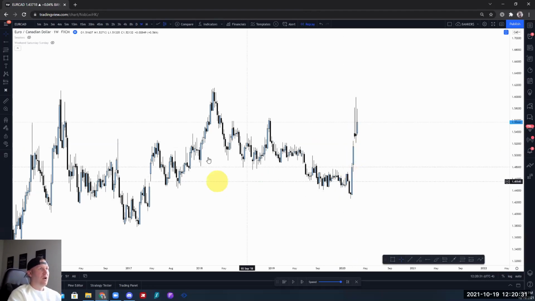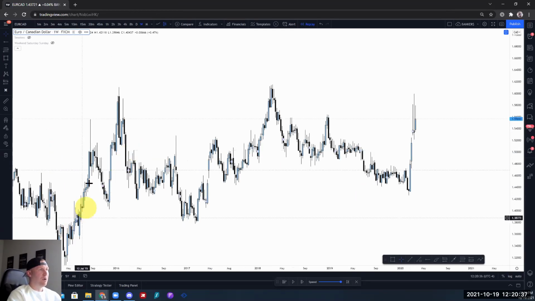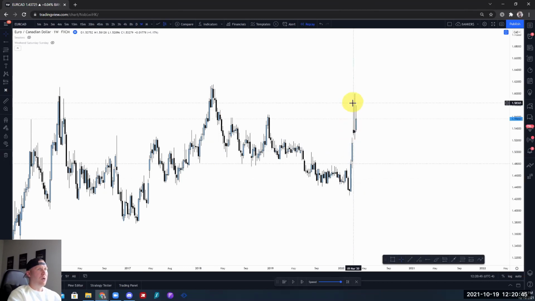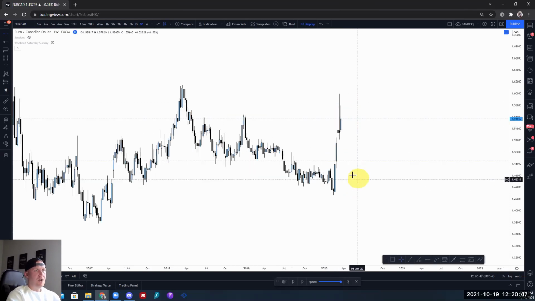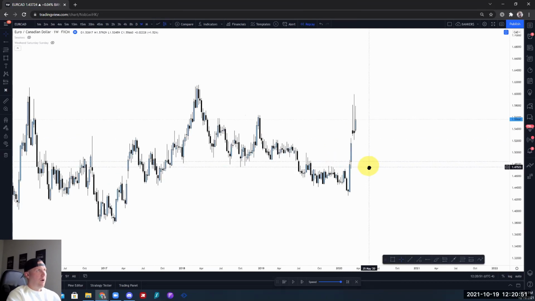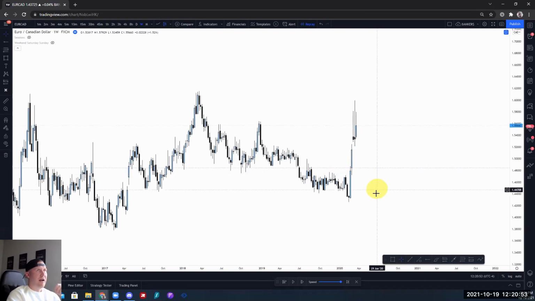Higher time frames, we're seeing bullish impulsive price action, creating this gap. Another strong bullish impulsive move created this gap here, and that's where you're usually going to find those gaps and imbalances, in this impulsive price action.